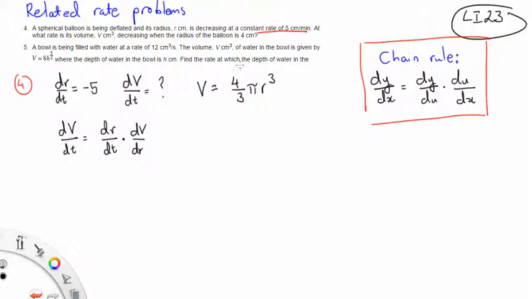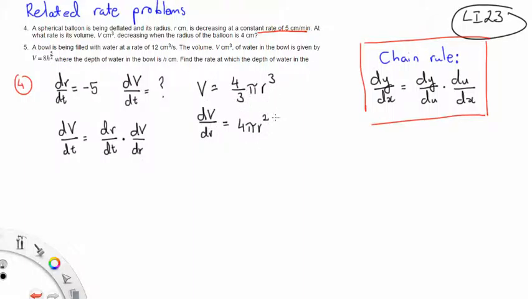What can we do here? Well, we can take the derivative of V with respect to r. Let's bring the power down, subtract 1 from the power. We get 4 pi r squared. There we go. That's looking good.